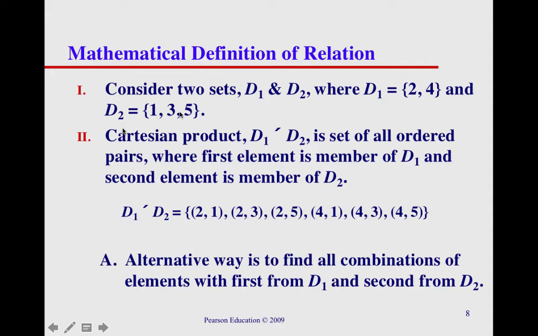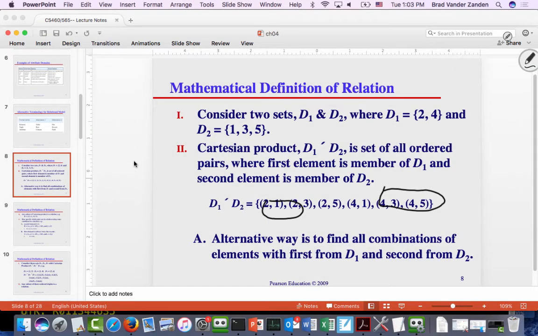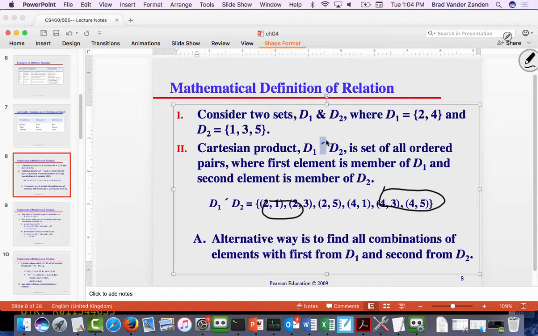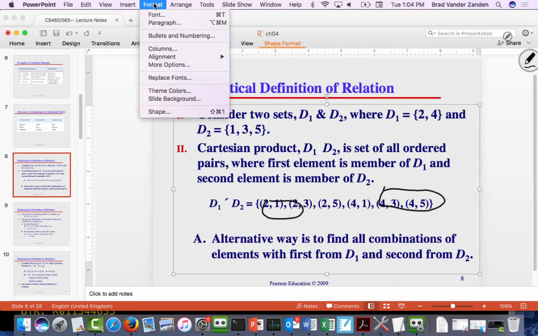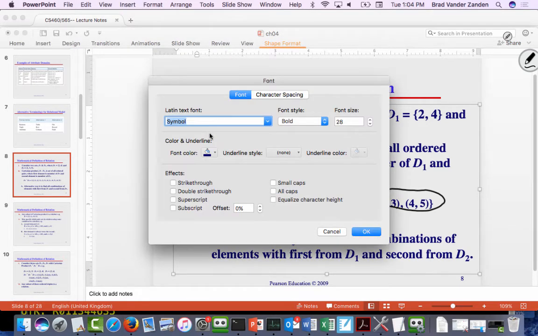In this very simple example, the Cartesian product, which is being butchered by PowerPoint, because that is supposed to be an X. Wow. Really being butchered. Okay. It's fine.